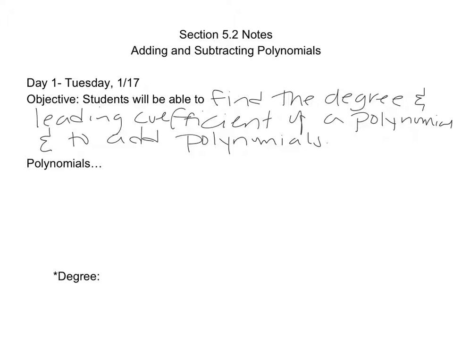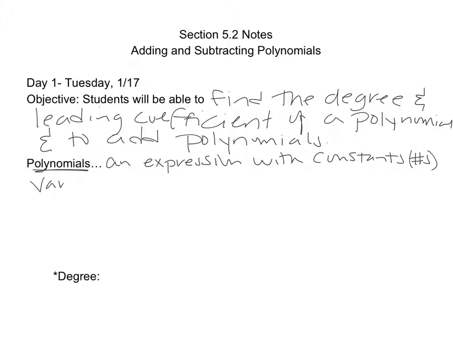So in order to do all of this, we need to know what exactly a polynomial is. A polynomial is an expression with constants, which we know are numbers, variables, which we know are letters, and exponents that involves adding, subtracting, multiplying, and dividing.